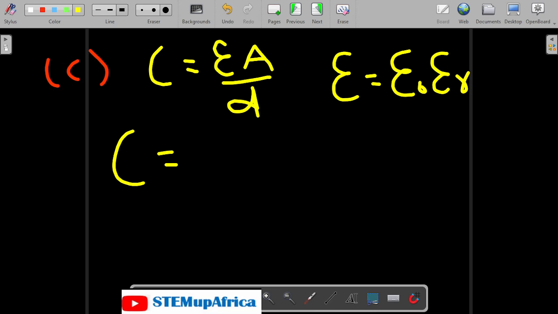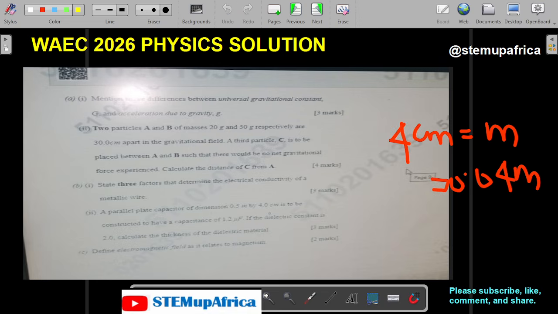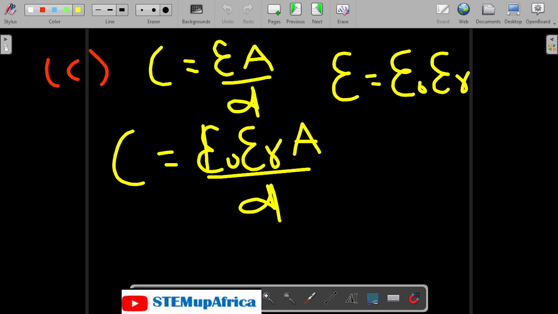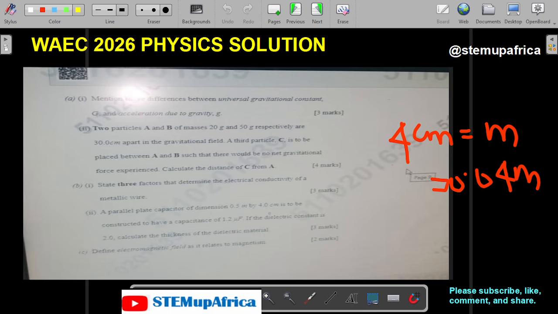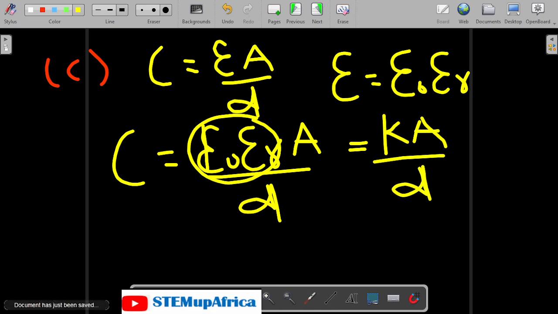So my C could be E0 Er A over D. If you look very well, they gave us the dielectric constant, which is our K. K is the product of these two, so I'm having KA over D.